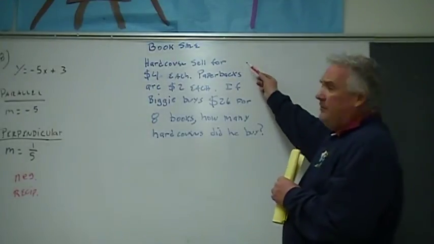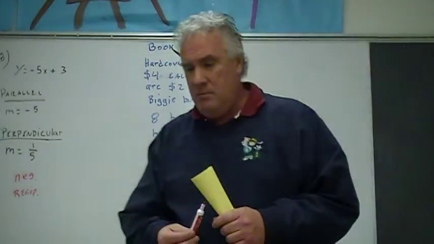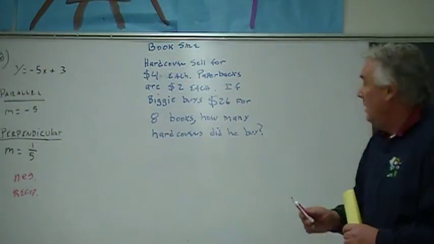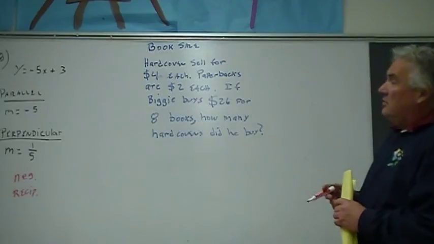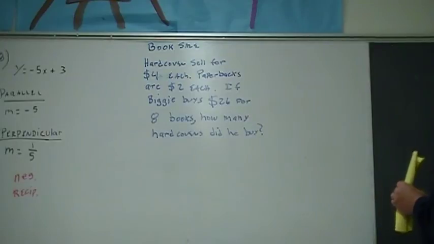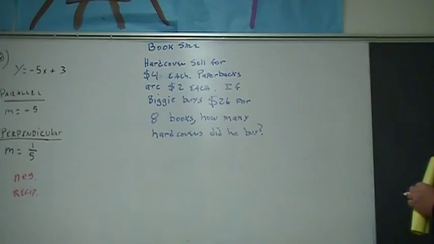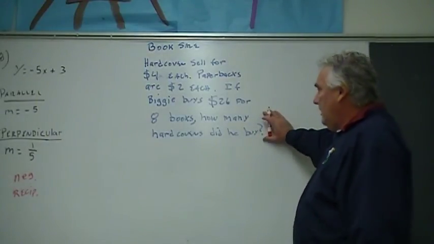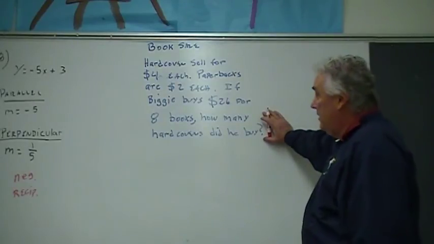Hardcover books sell for $4 each. Paperbacks are $2 each. If Biggie buys 8 books for $26, how many hardcovers did he buy? So we have to make 2 equations from this. Ultimately, we're trying to find how many of each.